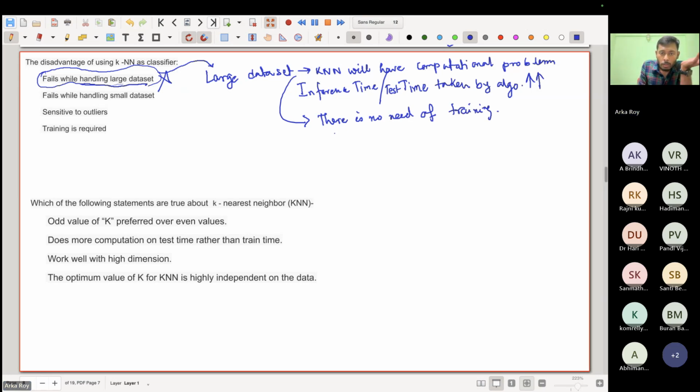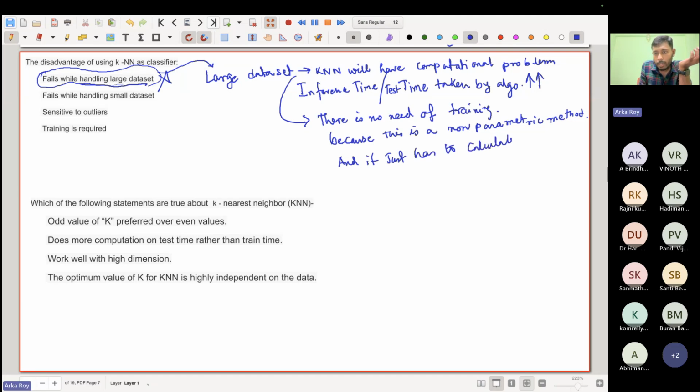Because this is a non-parametric method, and it just has to calculate the distance value from the new point to all other points.